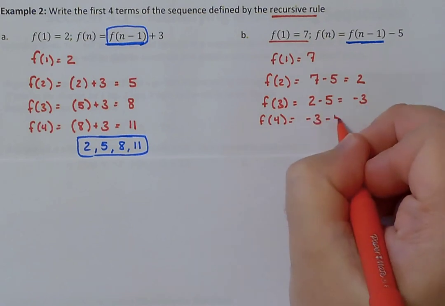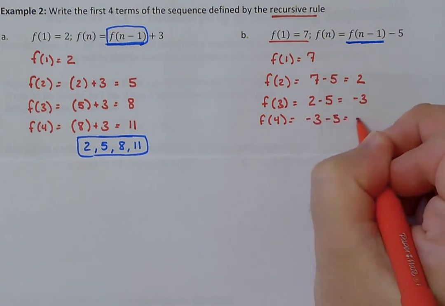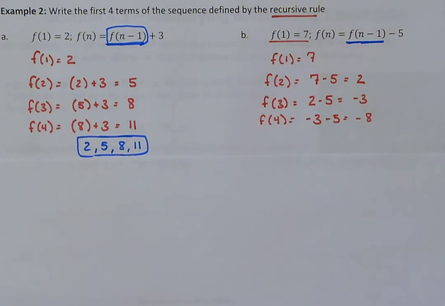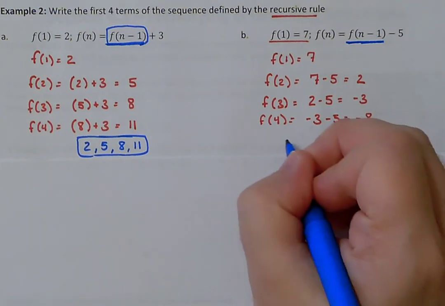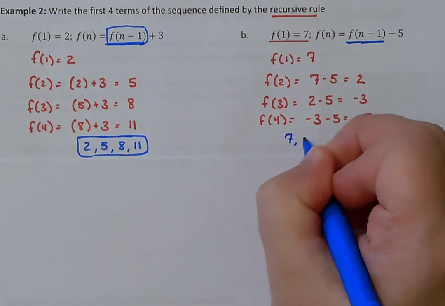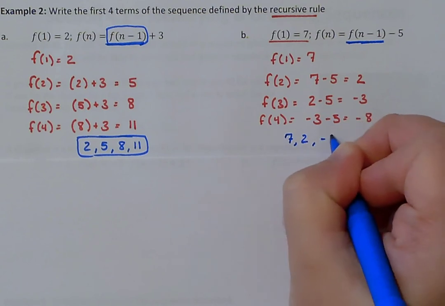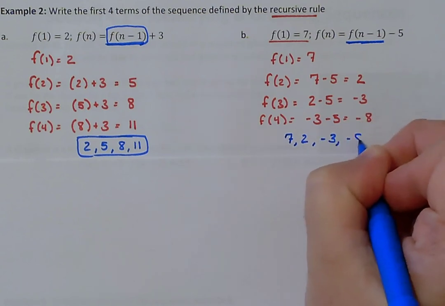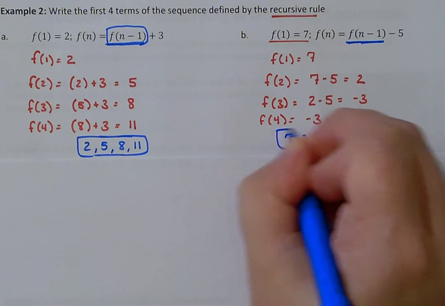Then we subtract 5, and we get negative 8. That's our answer. So the first 4 terms of this sequence are 7, 2, negative 3, and negative 8.